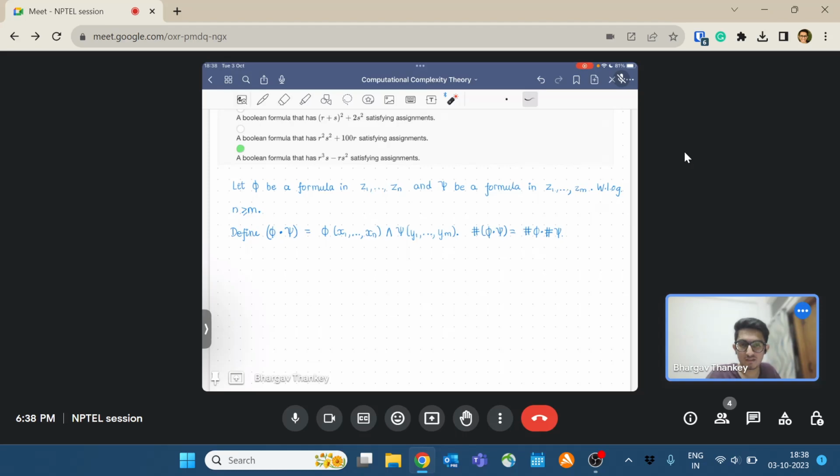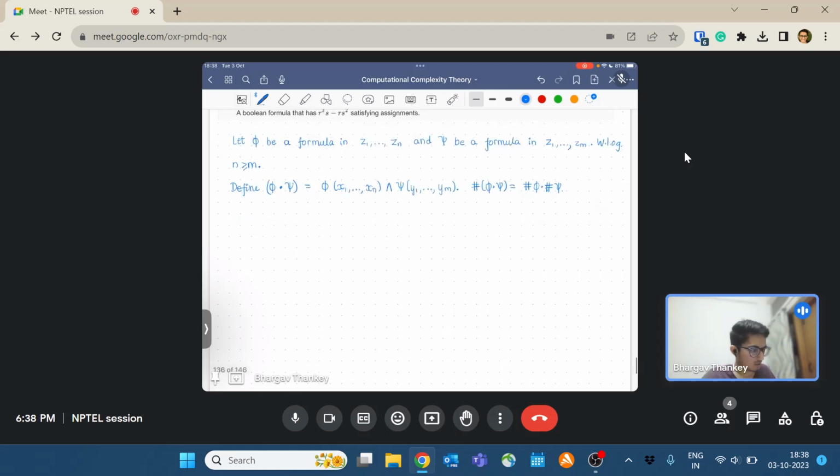So is this fine? Okay, so if this is fine, let's look at how to construct a formula which adds the number of satisfying assignments. So define it as follows.